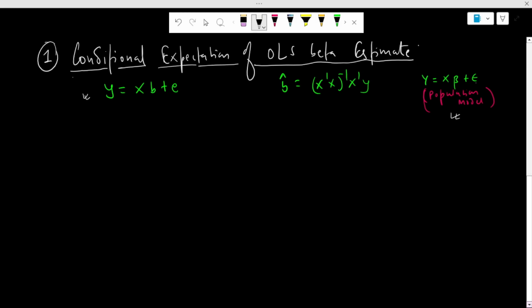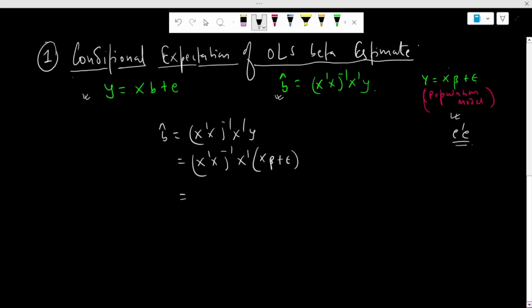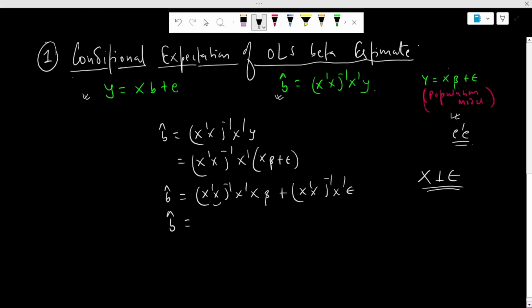We have already seen that the OLS beta estimate minimizes the sum of the square of the residual. This is given by x transpose x inverse x transpose y. In place of y, let me substitute it from the population model. We know that the independent variable and the residual term are orthogonal, and x transpose x inverse and x transpose x cancel out, they are inverse to each other.